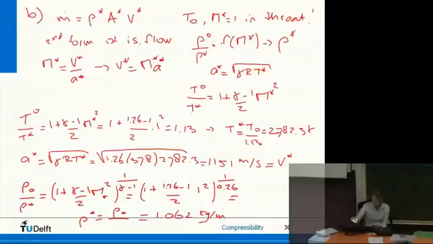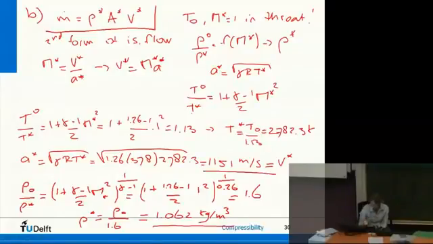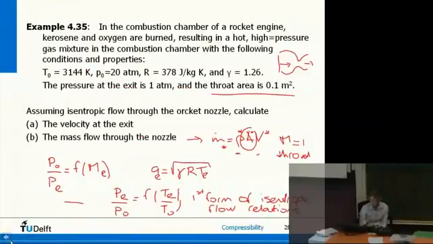So what we now need to do, what were we doing? We were computing the mass flow, so we now have to do rho star, A star, V star. Rho star we have here. V star we have here. And A star I don't remember, but that was given, 0.1.